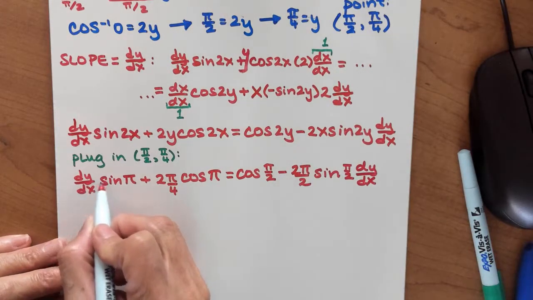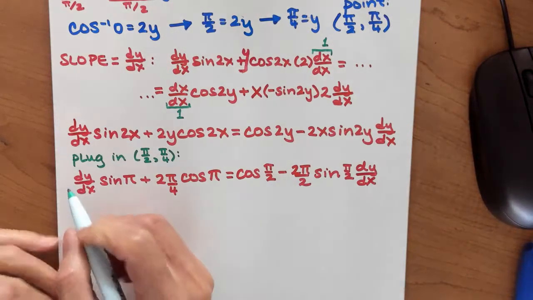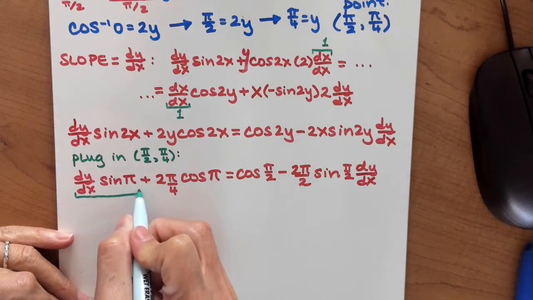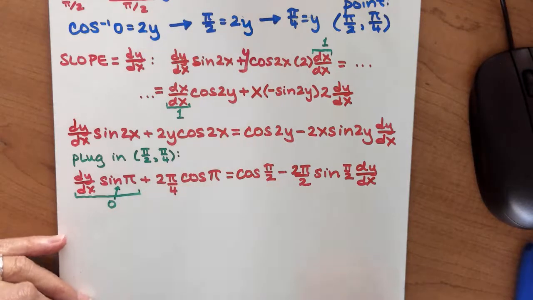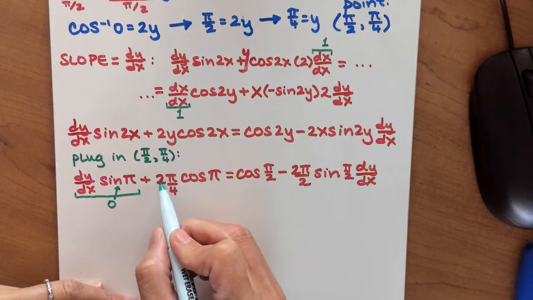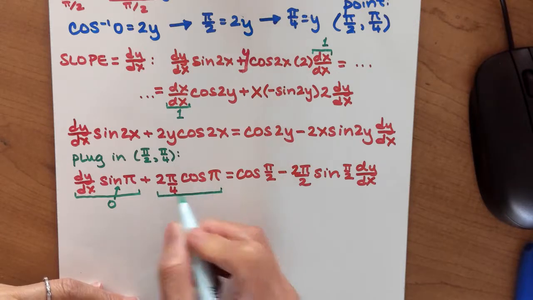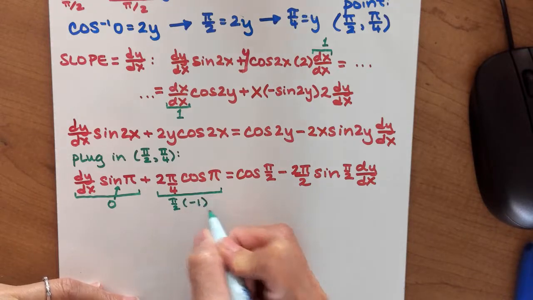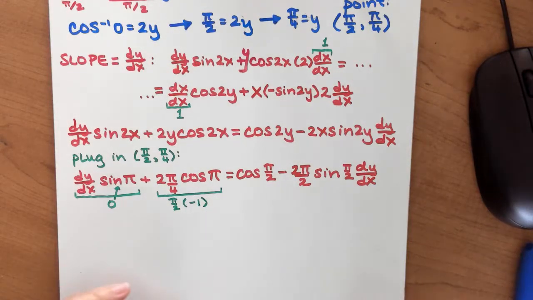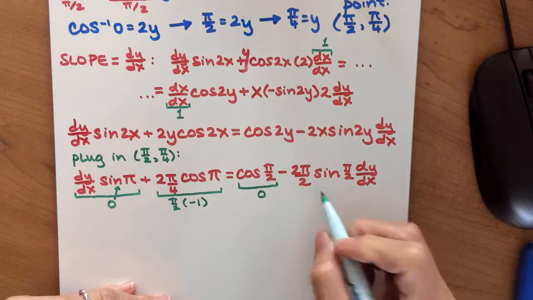Alright, let's go through and write that. See what we have? We have a 0. So this whole thing is 0, because the sine of pi is 0. Then I have pi over 2 times negative 1. The cosine of pi over 2 is 0.